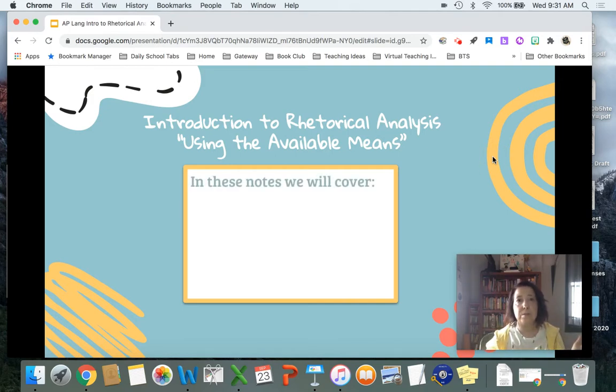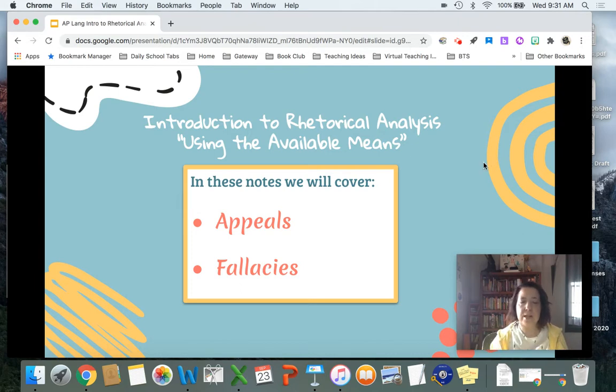In these notes, we're going to talk about appeals, which I think you had a very nice handle on in your summer work. Some of you chose them for your rhetorical device choices, but I'd like to go over them anyway, because sometimes they can get slippery. They seem really obvious, but then when you start to look at text, they start to slide back and forth. And fallacies, which I know there are several of them in your cards, and I would like you to think less about naming a fallacy, although sometimes that can be really obvious, like when someone's doing ad hominem and attacking the person and not the argument.